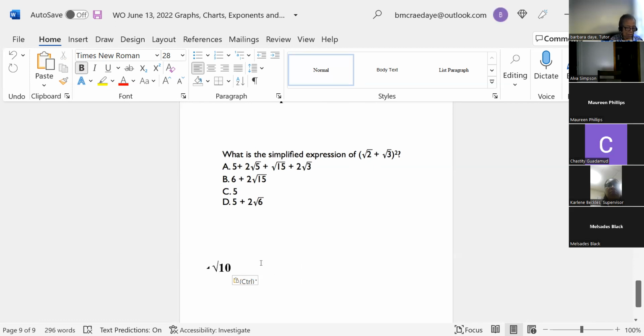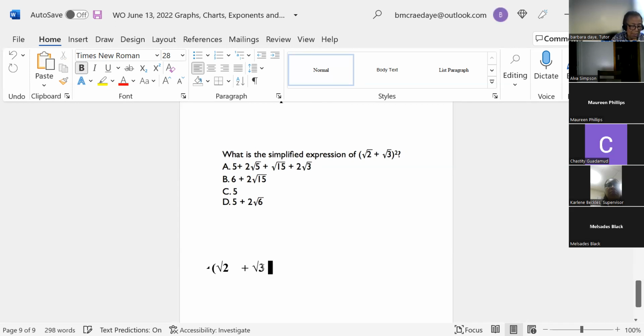Let me just write it here. And if it's squared, that means you're multiplying it by itself, right? Yes. Okay, so let's just put this in parenthesis.